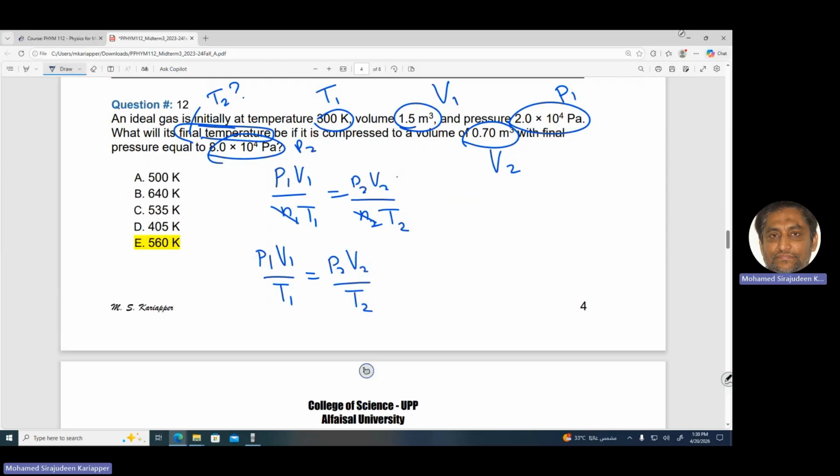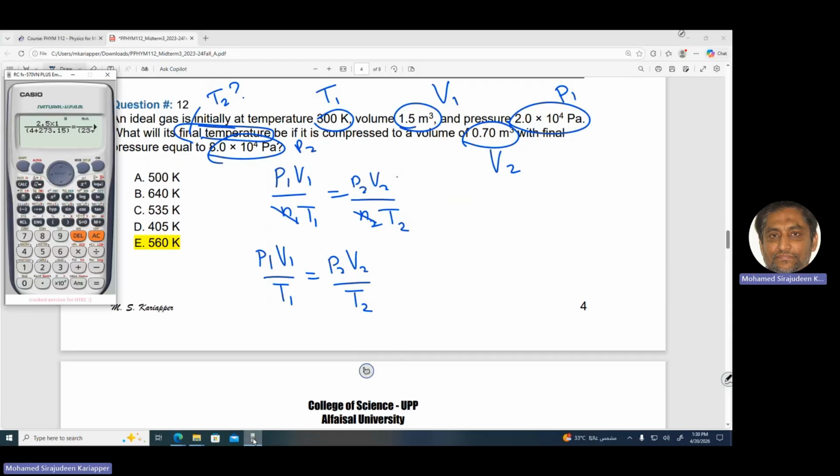You can take your calculator and just substitute into this. There will be only one unknown, and you solve for it. So let me clear this. I will start with the fraction on the left-hand side. P1, somebody help me so I don't make a mistake. 2 times 10 to the power 4.